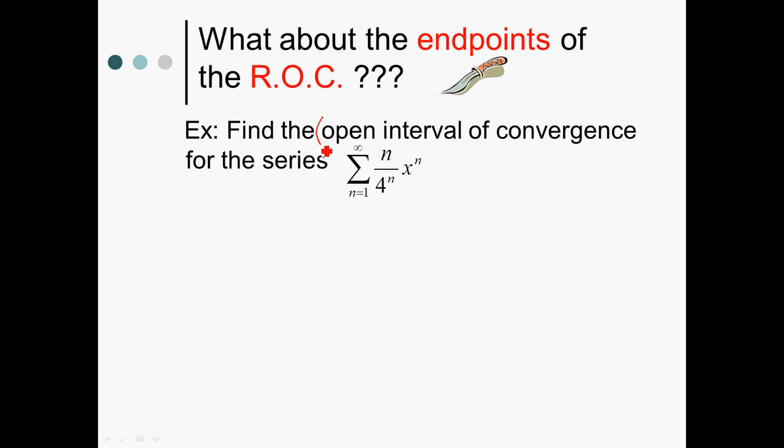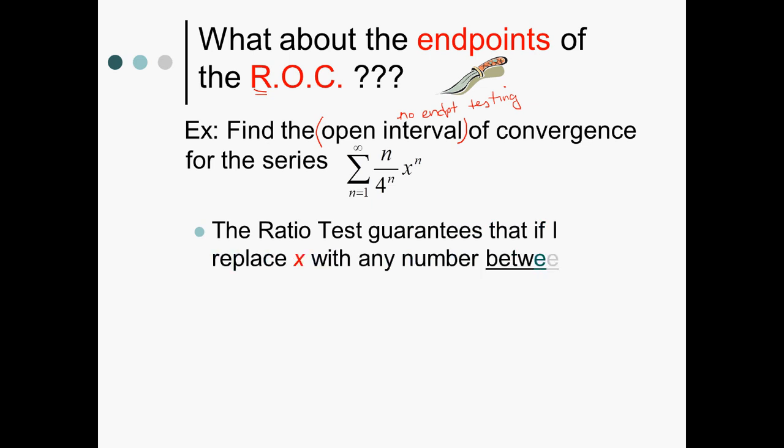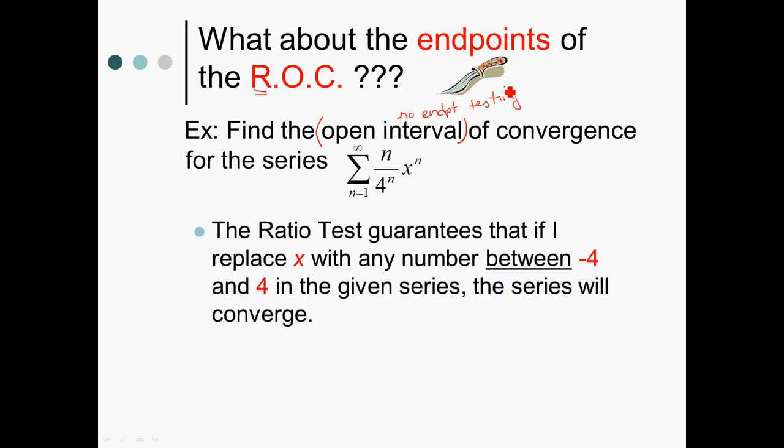That's another way of asking you for the radius of convergence. It means you don't have to test the endpoints. No endpoint testing. Even if they do ask you for the interval, you have to start with the open interval.